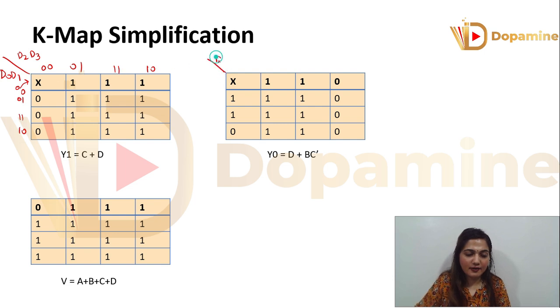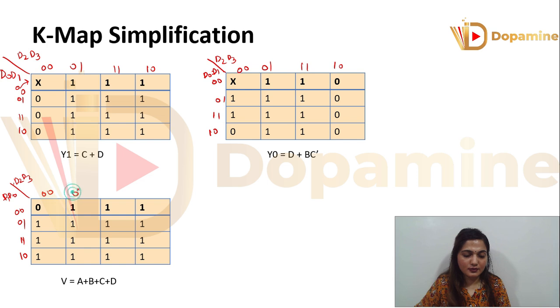Similarly here we have D2, D3, D0, D1 as 00, 01, 11, 10, and 00, 01, 11, 10. Here also we have D2, D3, D1, D0 as 00, 01, 11, 10, and 00, 01, 11, 10. I hope you remember these things. Even if I don't represent them, you know which cell represents which minterm.